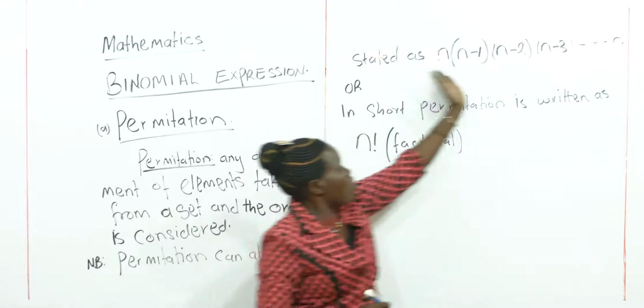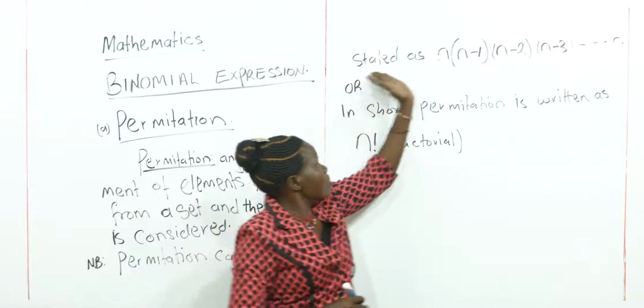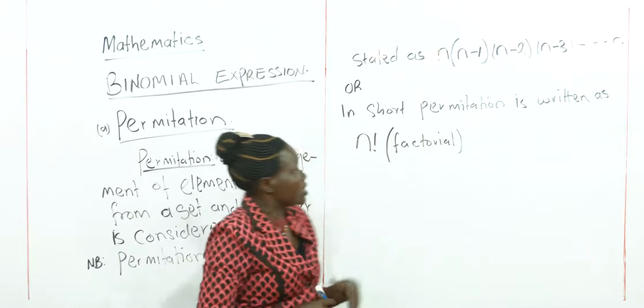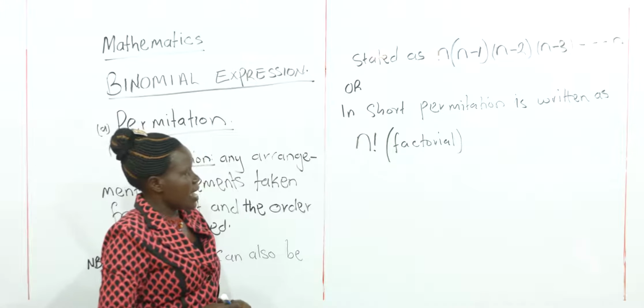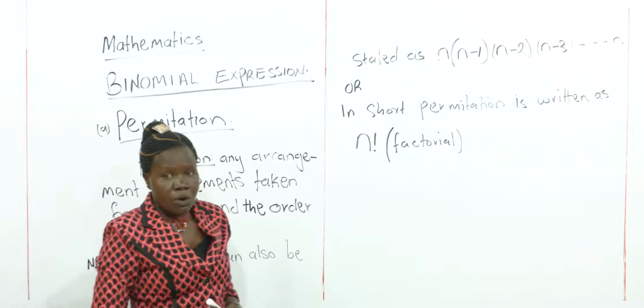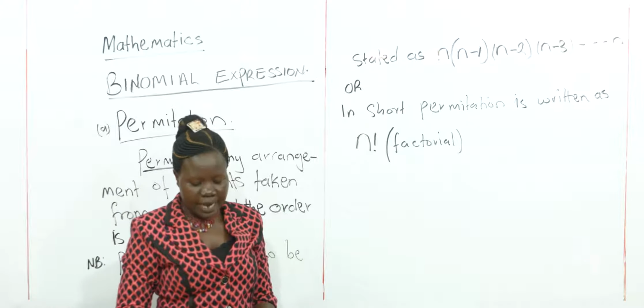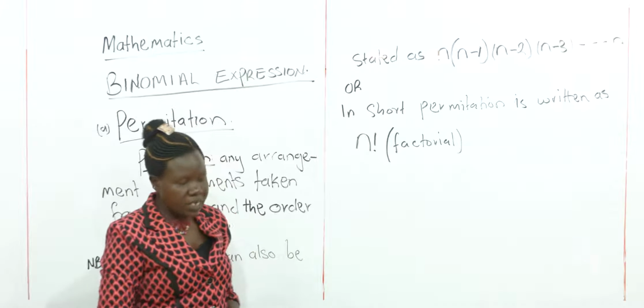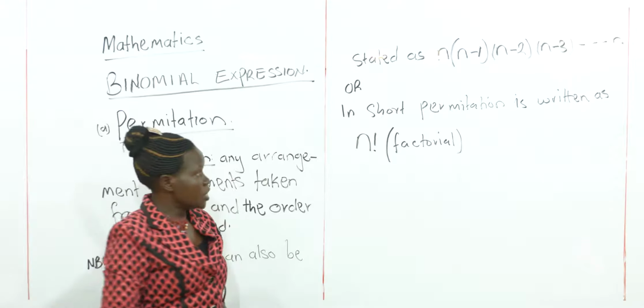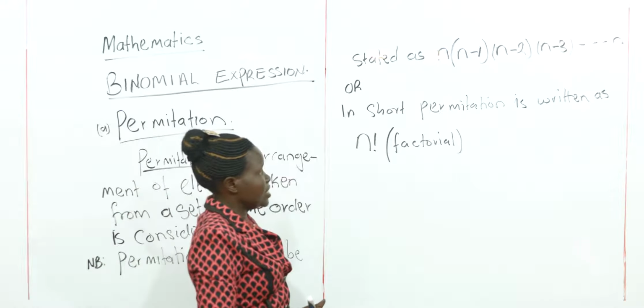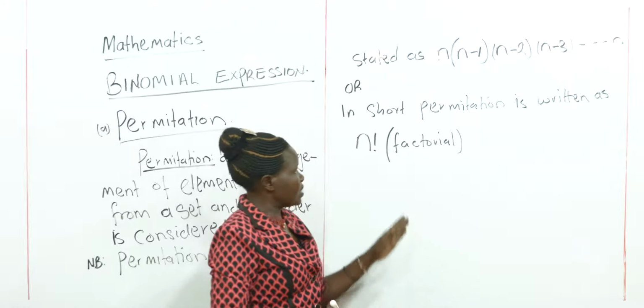It covers all this expansion. So n factorial simply means find the factorial of that number, and it is very common in your exams, especially the finalists, the senior fours. It is very common in both additional and basic mathematics.